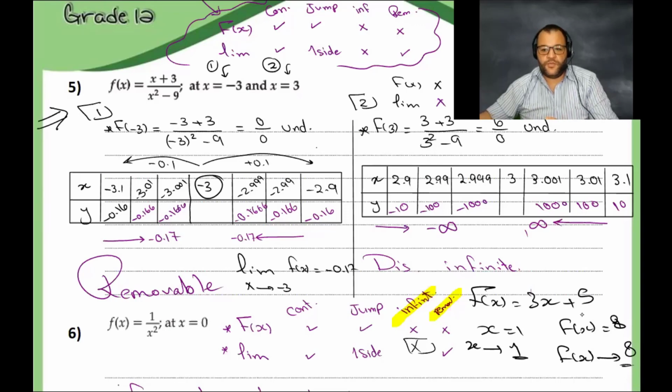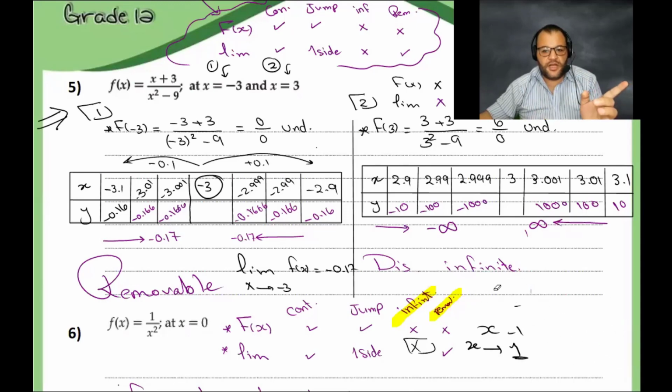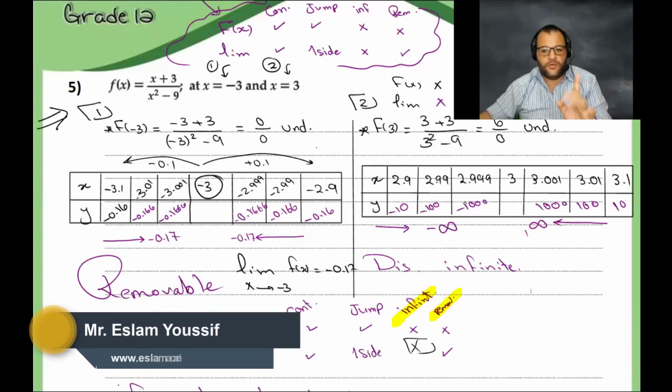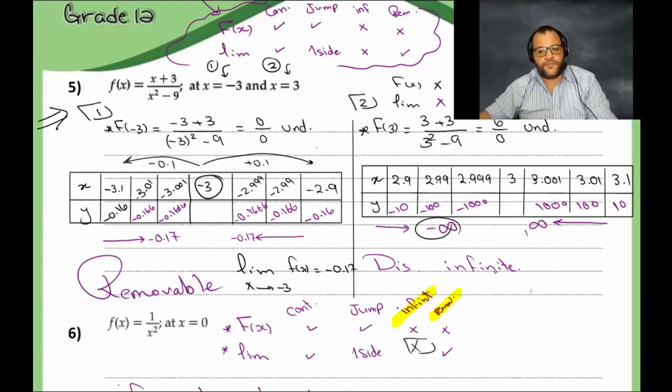Then sir, why was it infinite on the other side? You understand the left side of the first? For the other side, the left side is going to negative infinity, and the right side is going to positive infinity. One is going down and one is going up.